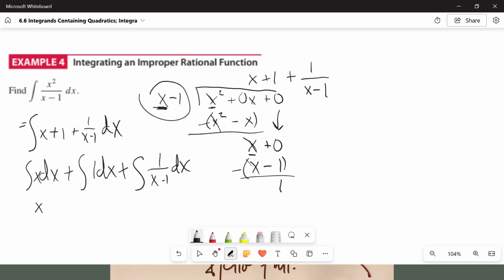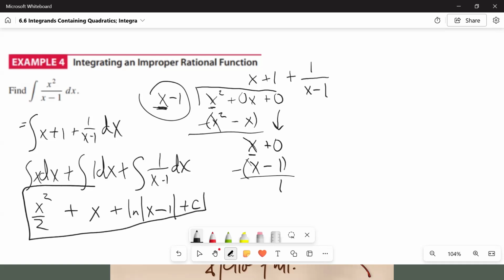The integral of x is x squared over 2. The integral of 1 is x, and the antiderivative of 1 over x minus 1, well, that's u prime over u. It lines up perfectly, so this is natural log absolute value of x minus 1 plus c. Don't forget your plus c on there. Okay, so that's how you do it for that one.